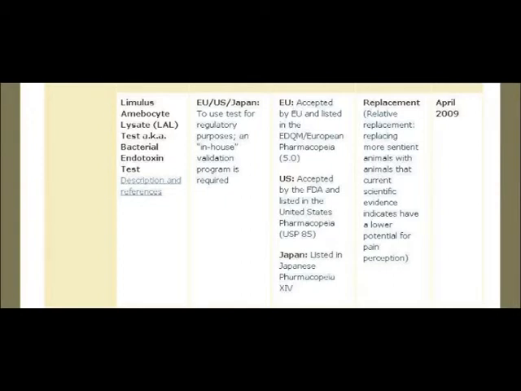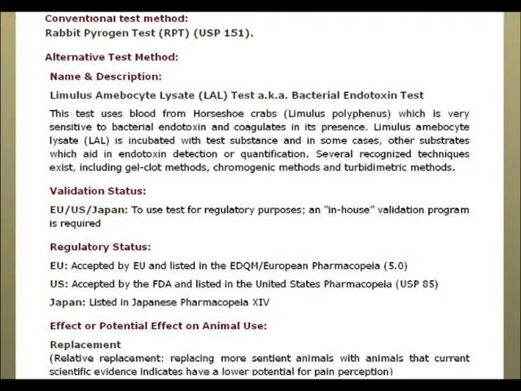Anyway, let's have a look at the test itself. There you go, at the top you can see it says conventional test method, rabbit pyrogen test. Below that it says alternative test method, which is the one that we've been talking about, the Limulus amoebocyte lysate test, aka bacterial endotoxin test.